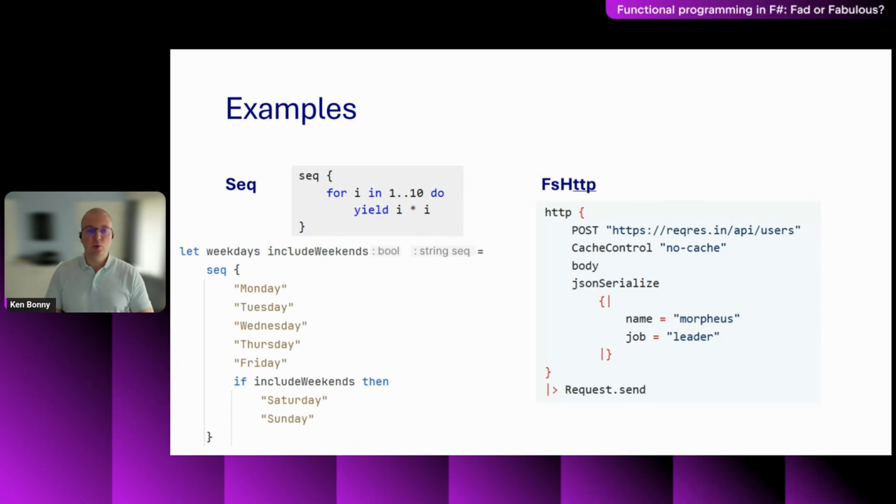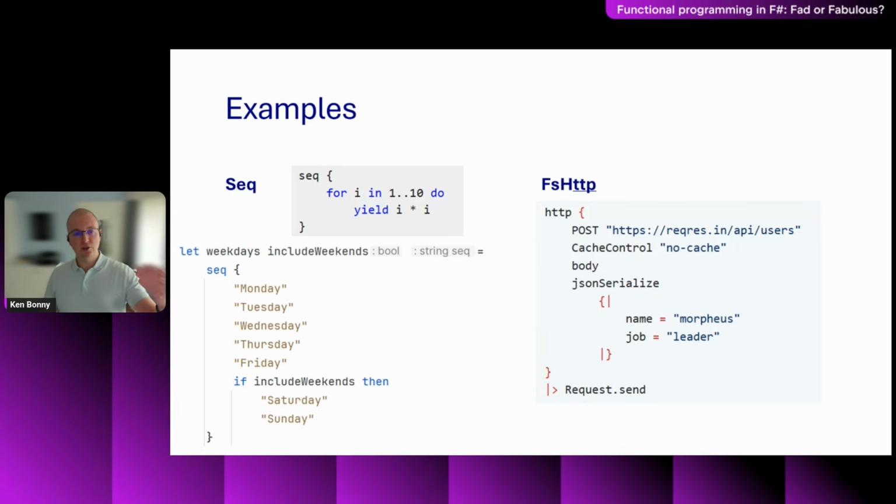For example, we have the seq functionality, which is equivalent to an IEnumerable in C#. And you can use this as in the topmost example, where you loop over the numbers of 1 to 10, and you return one by one the square of the number.